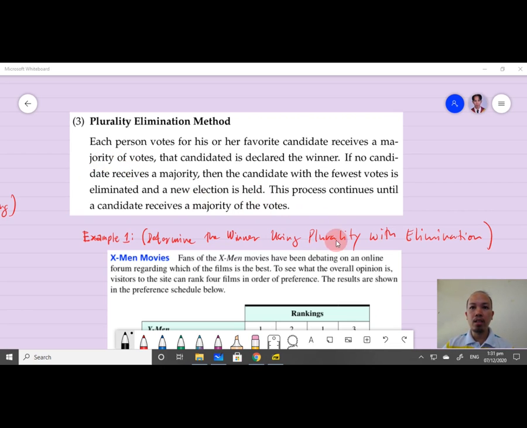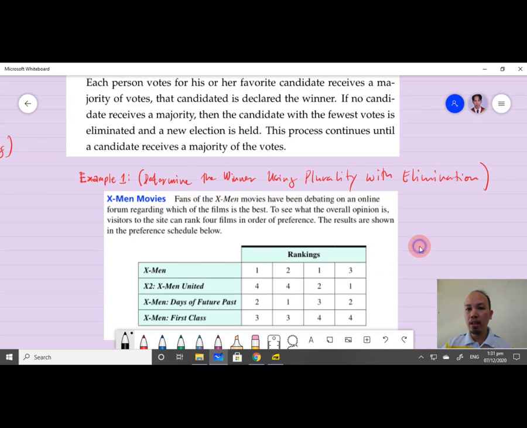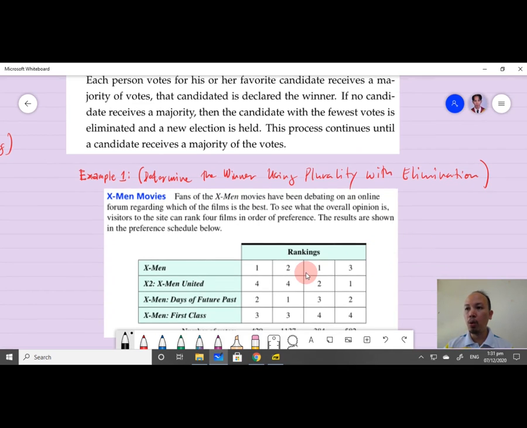The difference is that we will do elimination. When we do elimination, when you get the first place votes, the one that has the lowest score will be eliminated. That's what we mean by plurality with elimination.